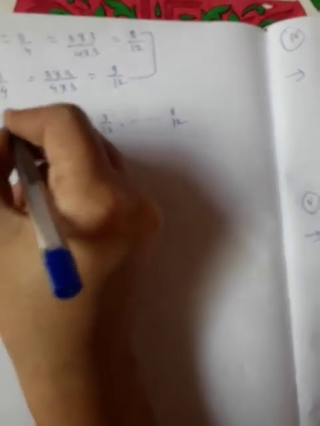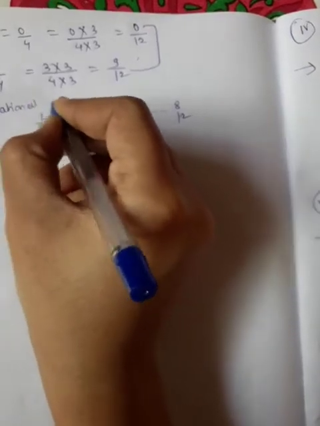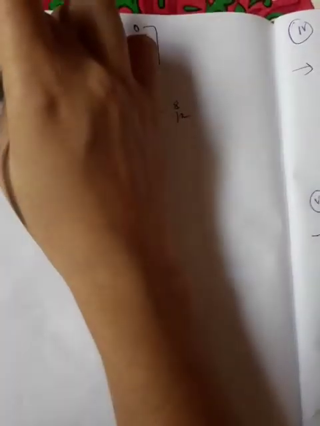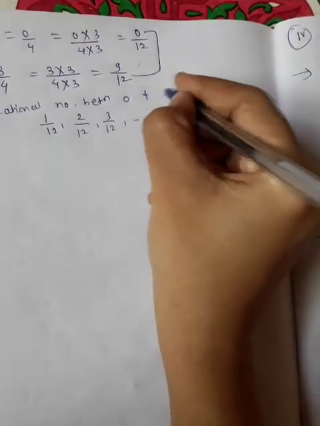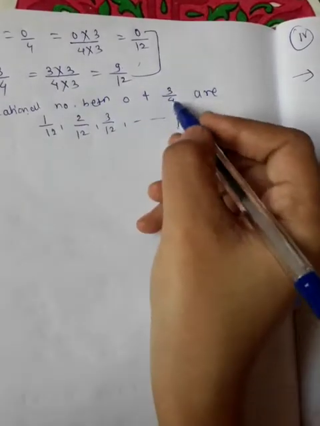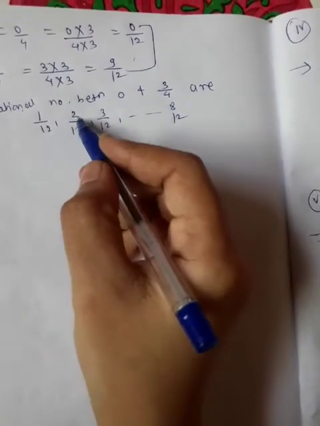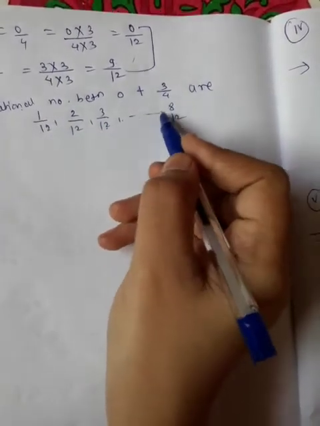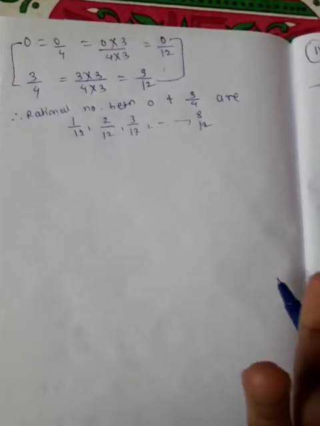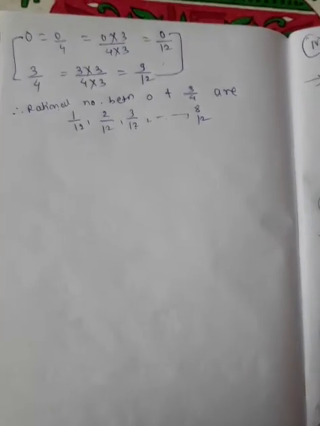So the rational numbers between 0 and 3 by 4 are 1 by 12, 2 by 12, 3 by 12, and so on up to 8 by 12. You can find more rational numbers also, but here we have asked only to write 3.